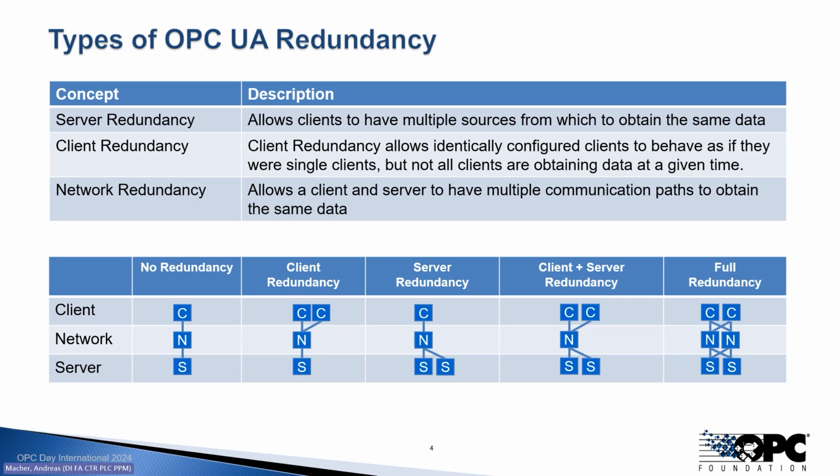There are several clients which are identically configured, so if one client fails, another one can take over the job. And there is network redundancy, which allows a client and a server to have multiple connection paths to get to the data. In the picture below, there is an example of how this could be combined.